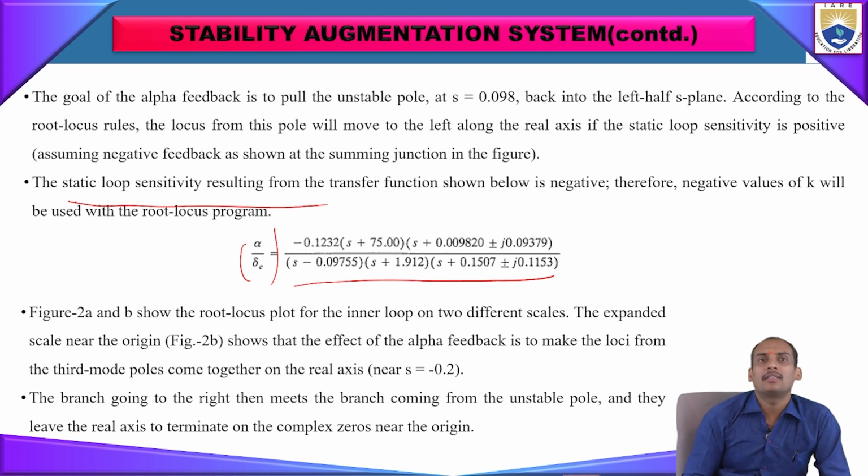Figure 2a and b shows the root locus plot for the inner loop for two different scales.